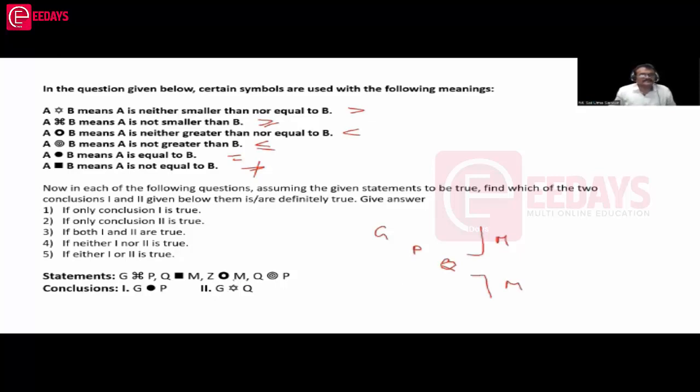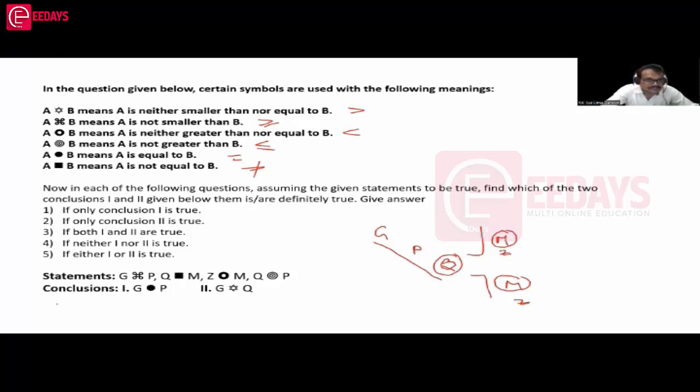Next, z is less than m. See, we know the relation between m and z, g, p, q, and q and m. We don't know the relation between q and z. Why? Because q is not equal to m only.